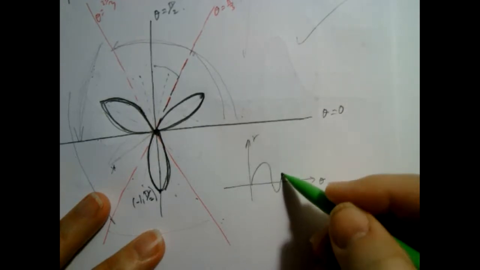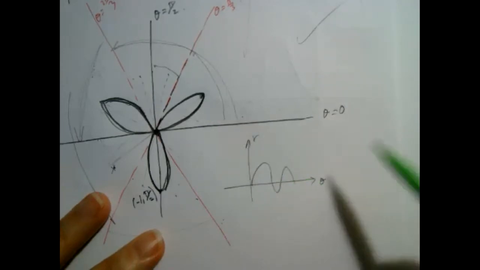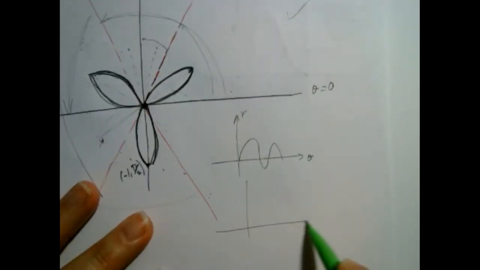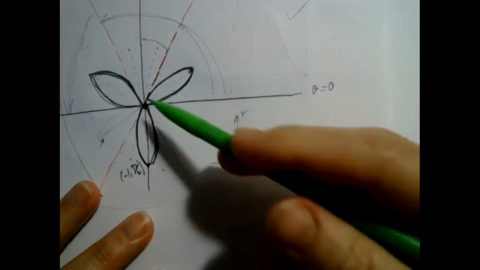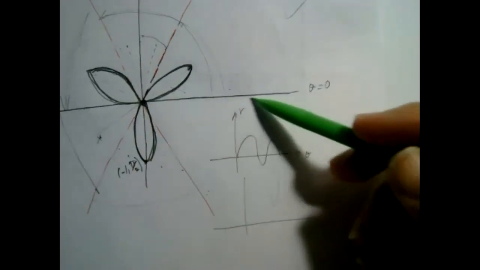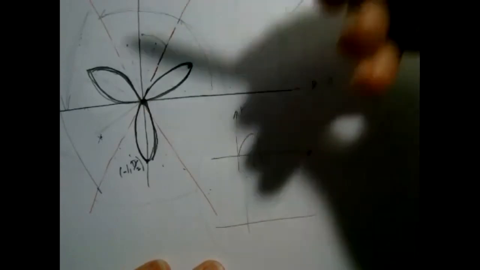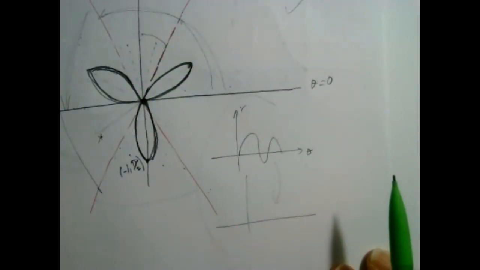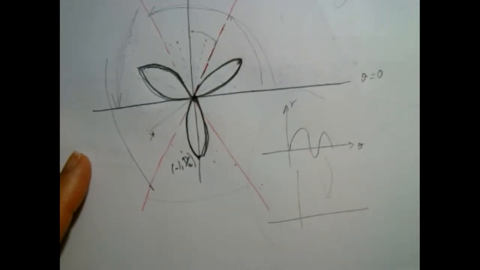I tell you, this is the graph of r as a function of theta, translated to the polar plane. It means use this info to sketch the graph in the polar plane. So that's the kind of question I will ask, just to make sure you understand how we translate this picture to that picture. Any questions before we move on?